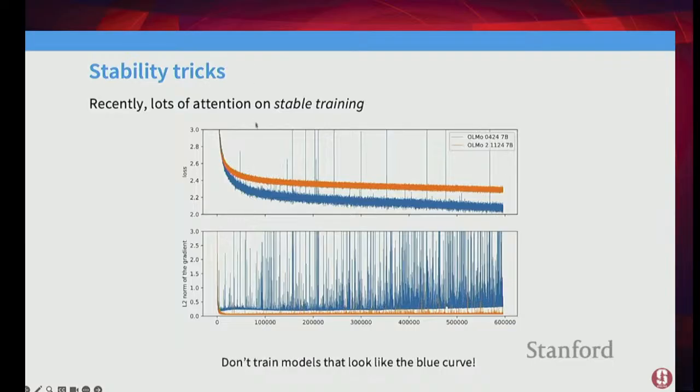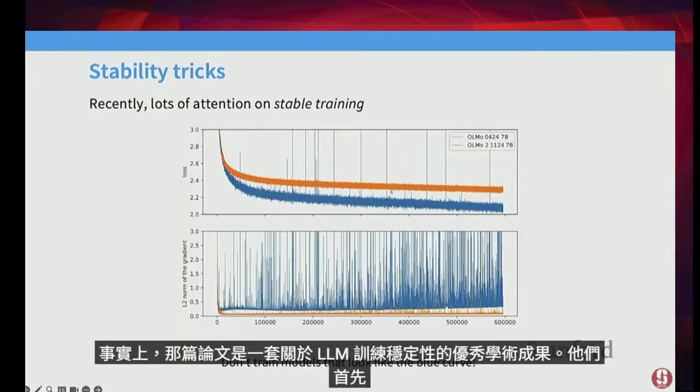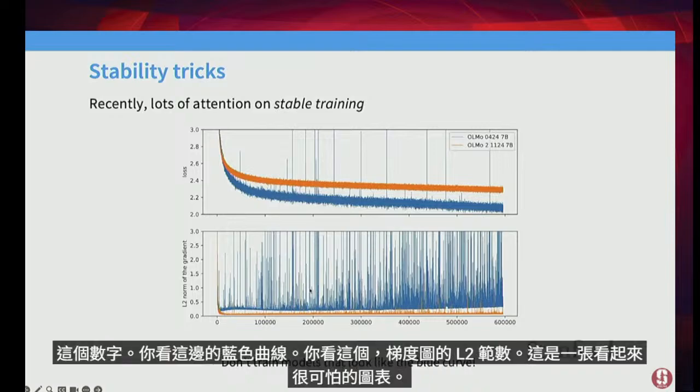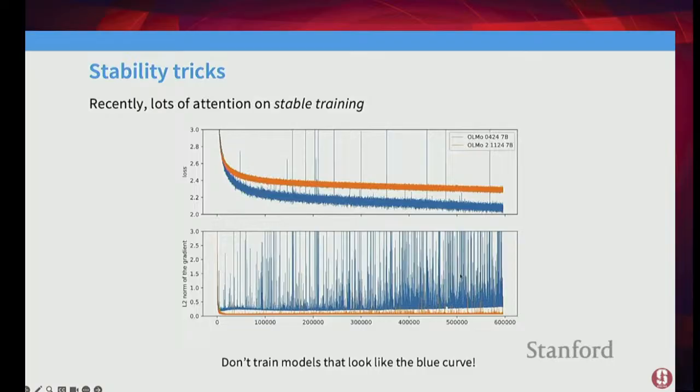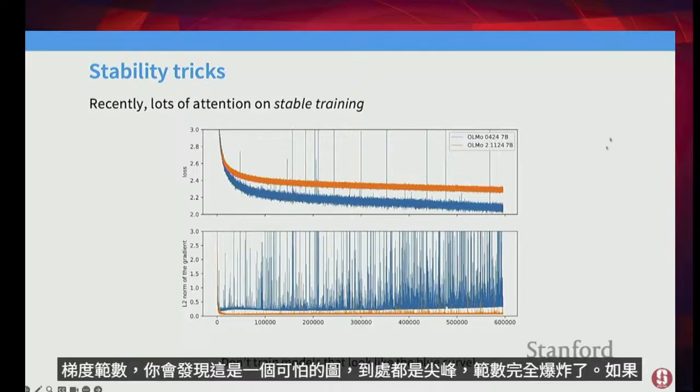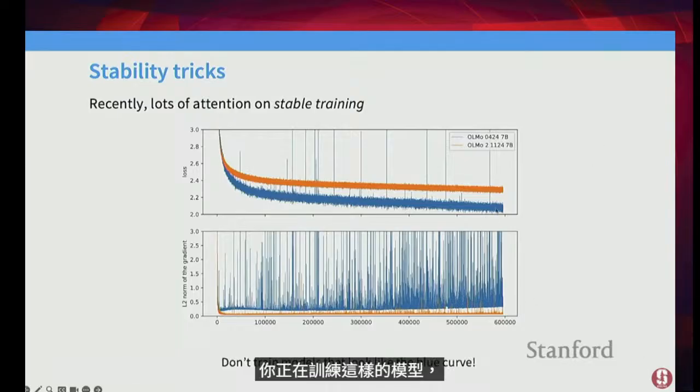Your loss curve seems to be behaving okay, but you've got some bad spikes every now and then. And you open up your gradient norm, it's this horrible plot where you've got spikes everywhere where your norms are completely blowing up. If you're training models like this, you're going to have a really tough time getting it to converge reasonably. At some point, the gradient norm explodes, and you can't do anything, and your training is done, right? So you can't train any further.